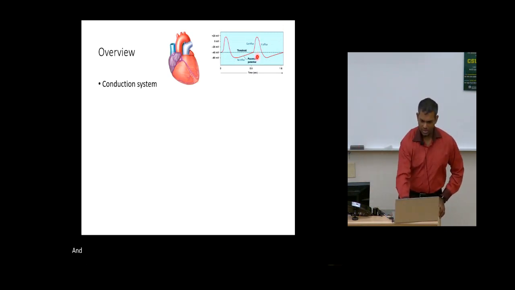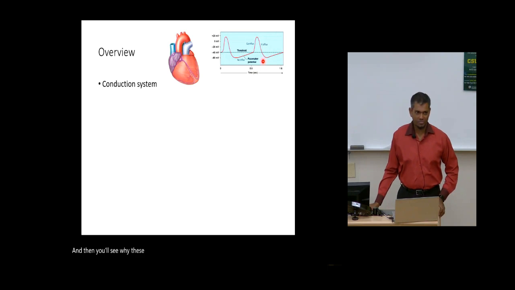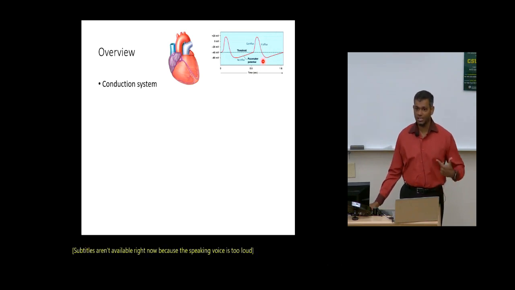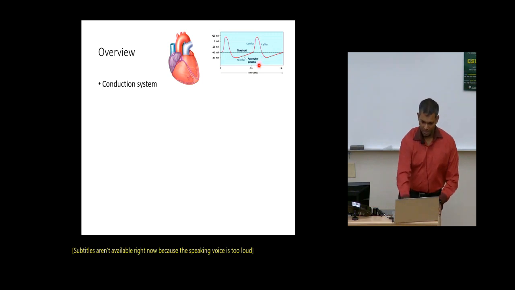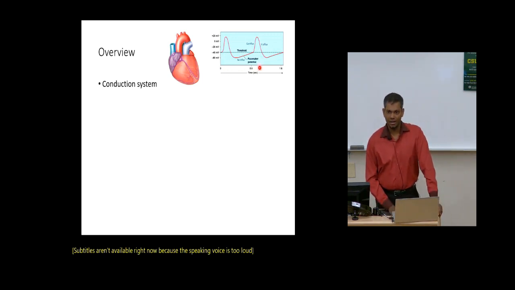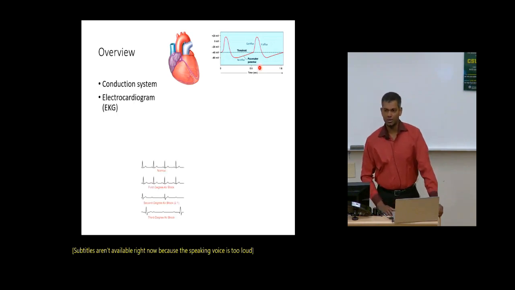And then we'll see why these autorhythmic cells are capable of spontaneously generating an action potential by going through this graph here. We'll see what is so unique about these autorhythmic cells that they can spontaneously generate an action potential. And then we'll move on to talking about the electrocardiogram and how we measure the electrical activity of the heart.